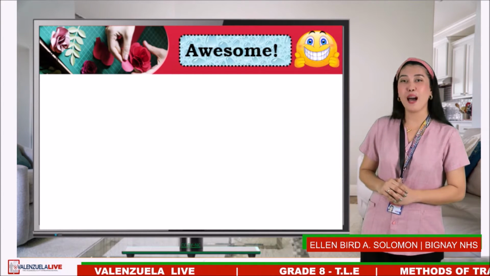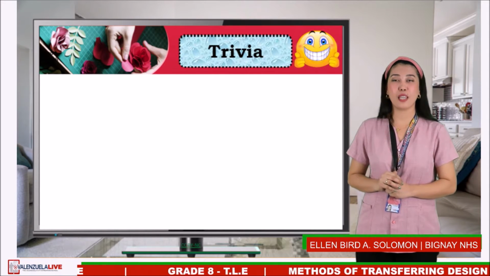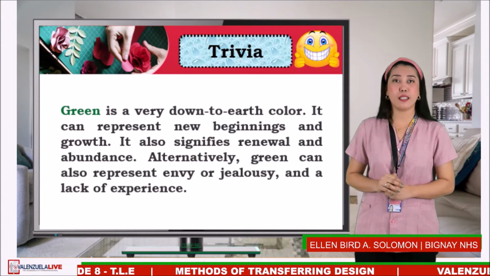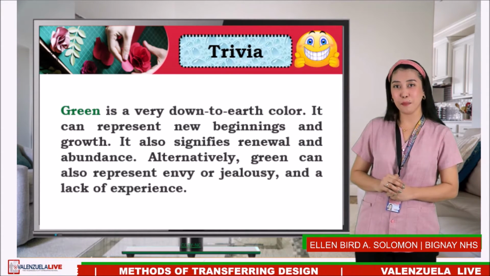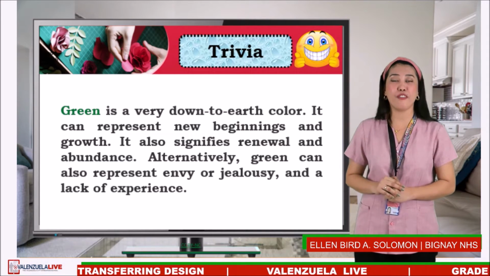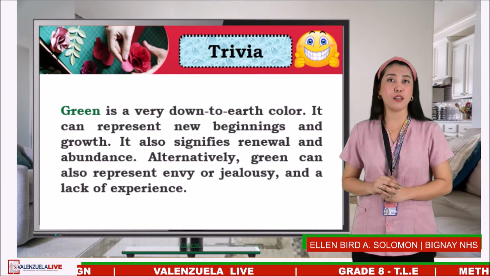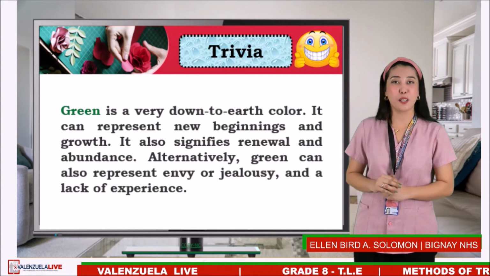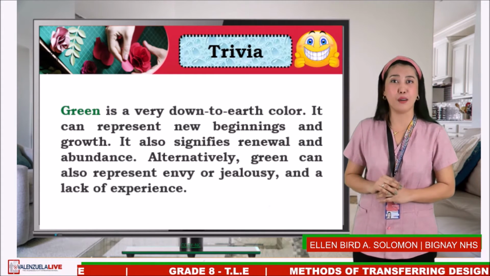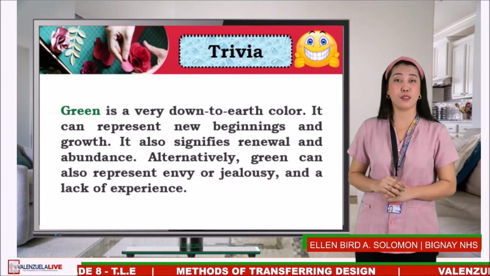This time, I would like to share this trivia with you. Did you know that every color symbolizes a unique meaning in psychology? Yes. According to Cameron Chapman, a professional web and graphic designer, in her article about color theory for designers, green, for example, is said to be a very down-to-earth color. It can represent new beginnings and growth.